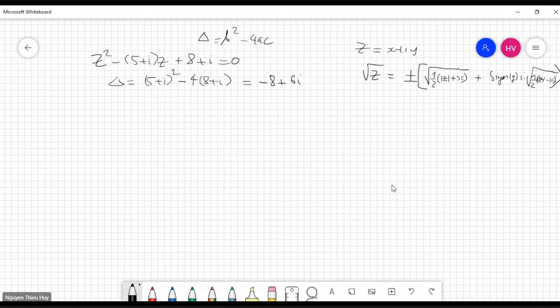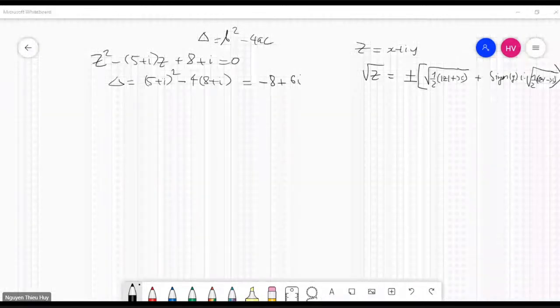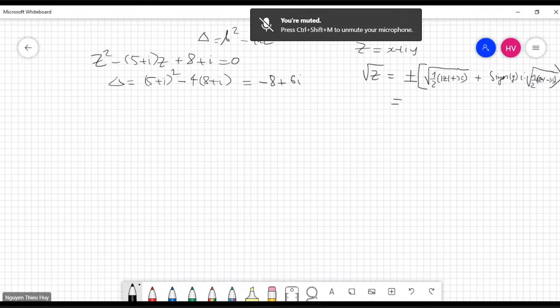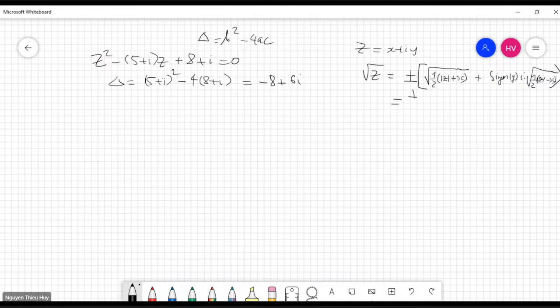And actually we already computed this in this line. Okay, we already computed it here. Then you obtain plus or minus 1 plus 3i. So the square root of minus 6i, or 6i if you like, is plus or minus.